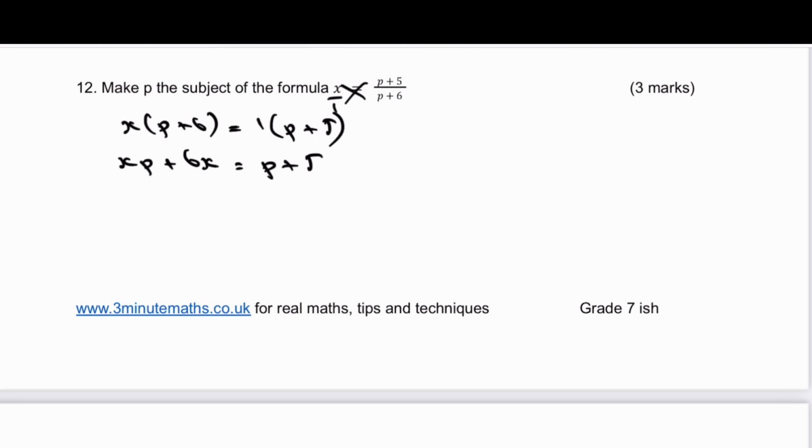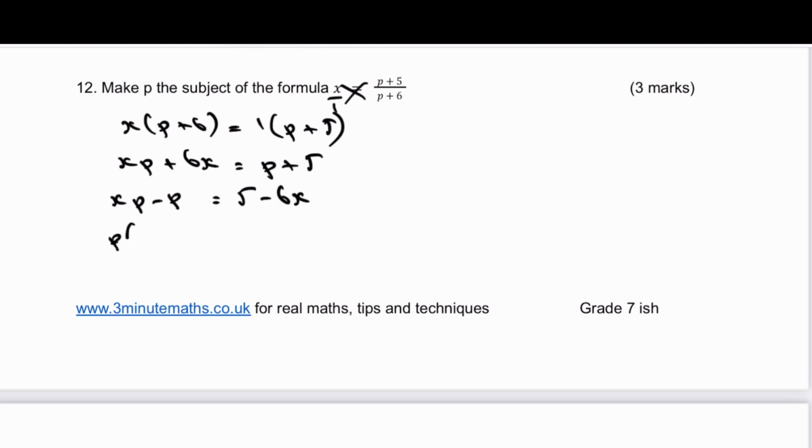Now I need to make p the subject of the formula, so again I bring p's to, in this particular case, the left hand side. So I'm going to get xp minus p, and I'm going to take everything else over towards the right hand side, and I'm going to get 5 minus 6x.